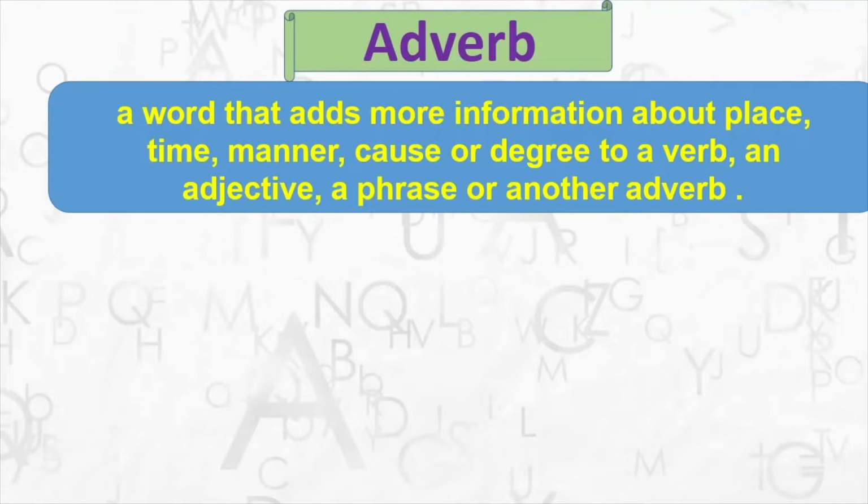Now what is this information like and what is it about? This information could be about the place, the time, manner, cause, or degree. So based on all these different types of information that the adverb gives, adverbs are of different types as well.